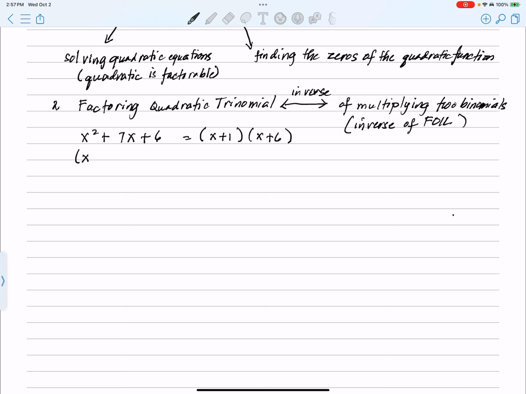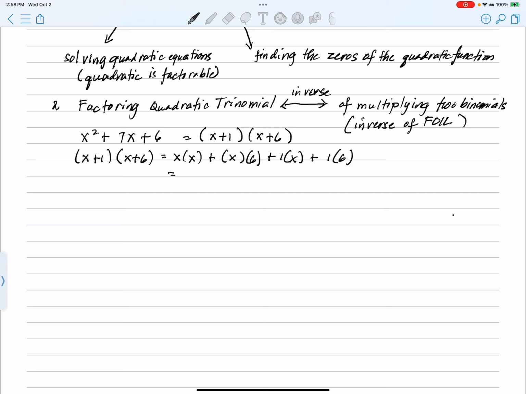When we multiply x plus 1 times x plus 6, using the FOIL method, we use first to first, that is x times x, then x times 6, then 1 times x, plus 1 times 6.